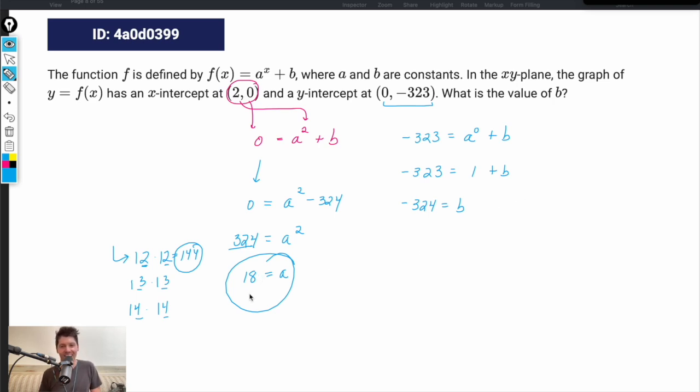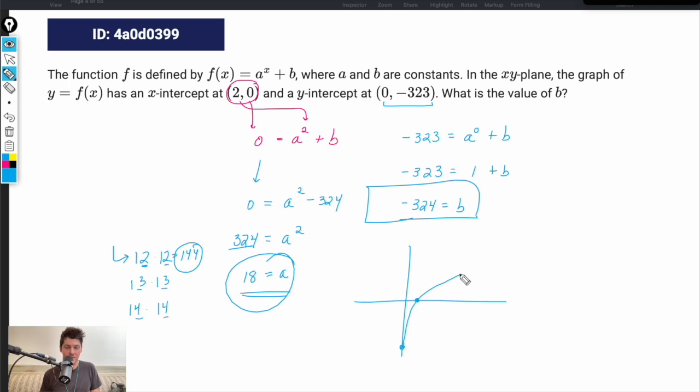But again, I should have looked at my question. I don't even care about that. Here's all I care about, right? What do we know? Just out of pure interest, we have an x-intercept at x equals 2, y equals 0, and a y-intercept at 0, negative 323.